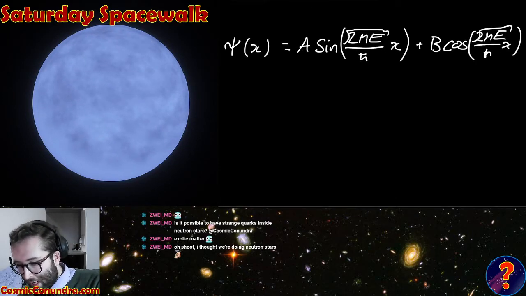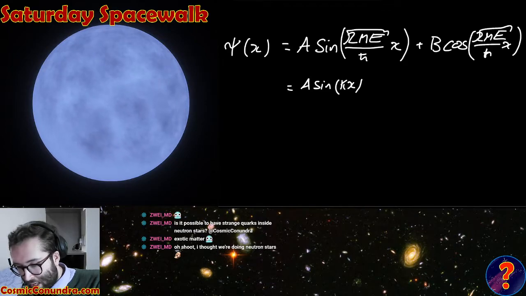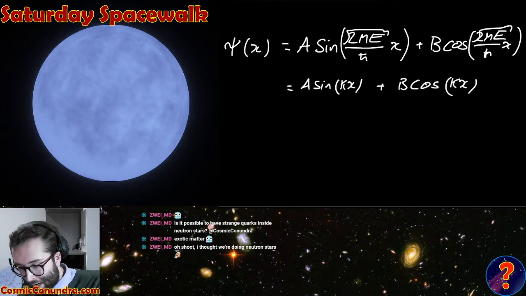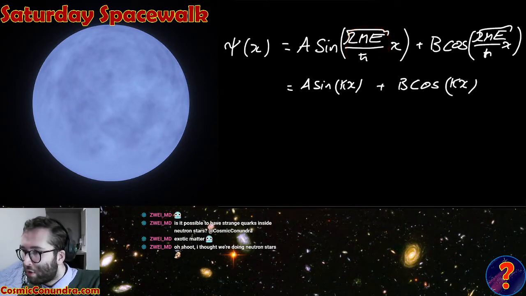Sometimes this is written as kx, in terms of the wave number of this particle, where k is now just this root 2me over h bar.